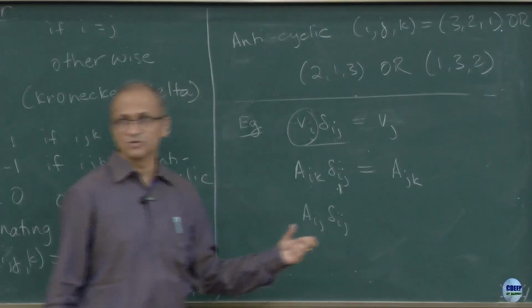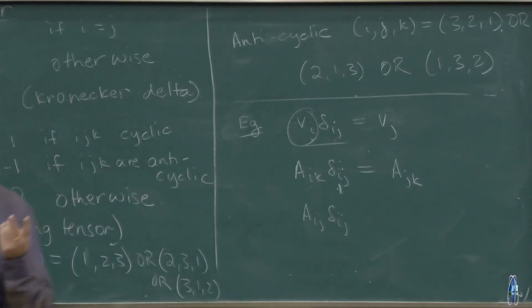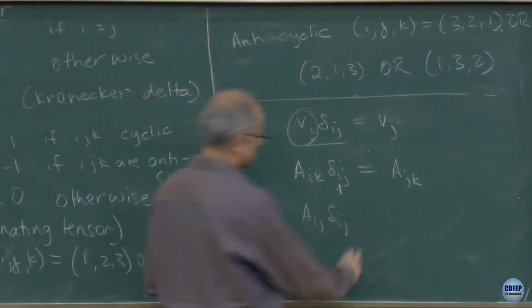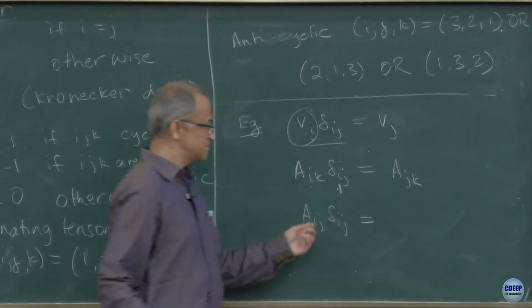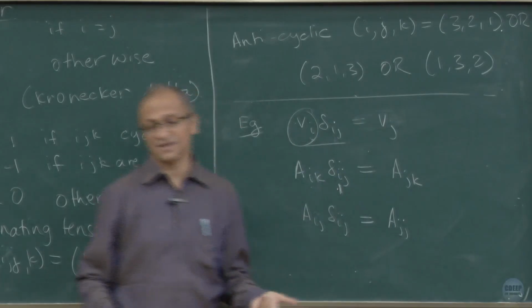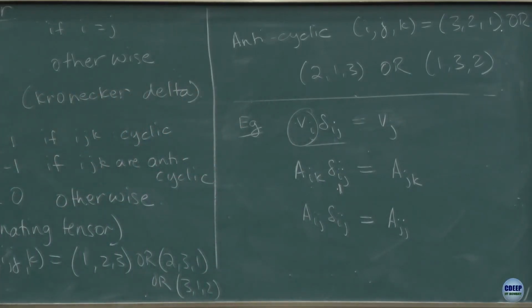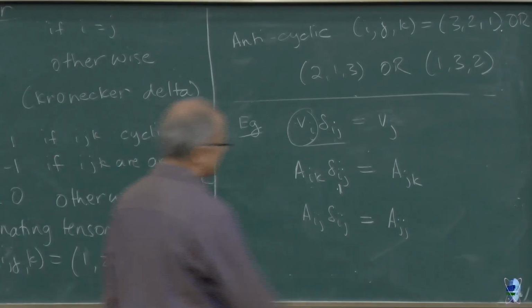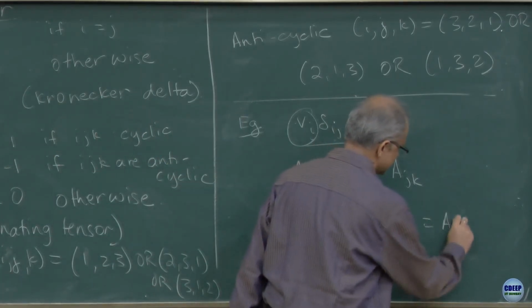I and j are the only two indices, and both of them are repeated, so there is no free index here. It's a scalar. I can write it out as Ajj, or as Aii. Both of them mean the same thing.